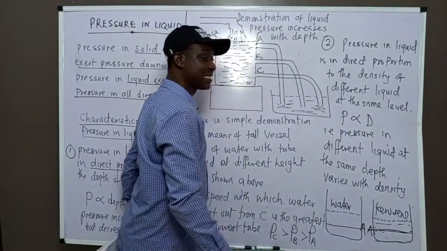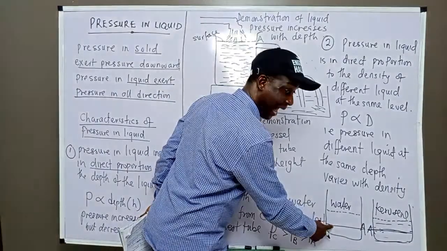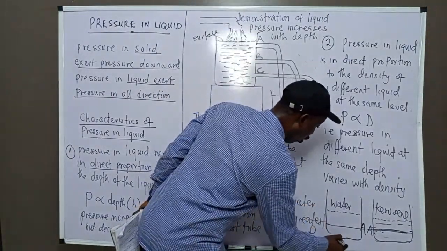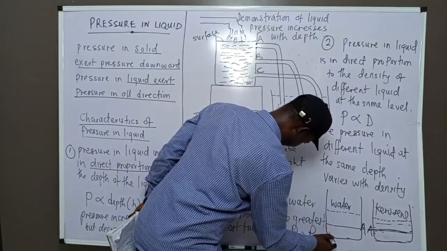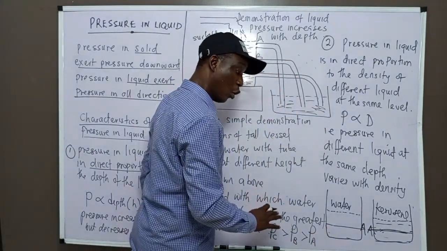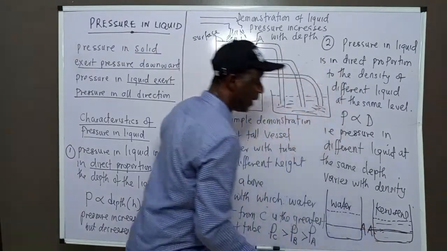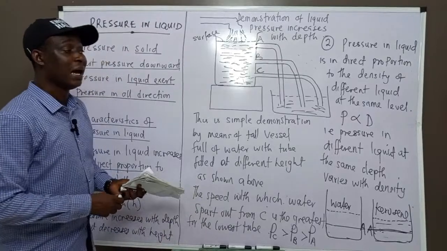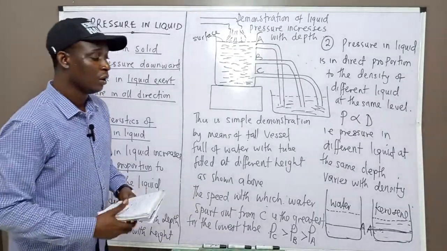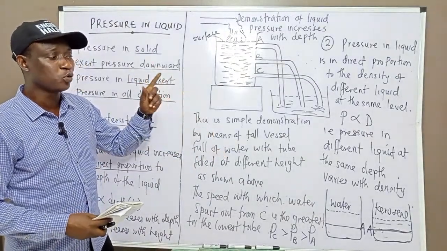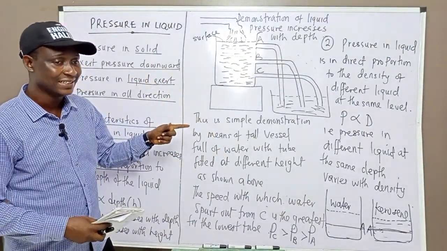Now, we notice that the pressure of the water will be higher than the pressure of the kerosene. Why, class? At the same level, they have the same depth because we take the same level for the two of them, taking kerosene and taking water. Now, kerosene should have a lesser density than water.